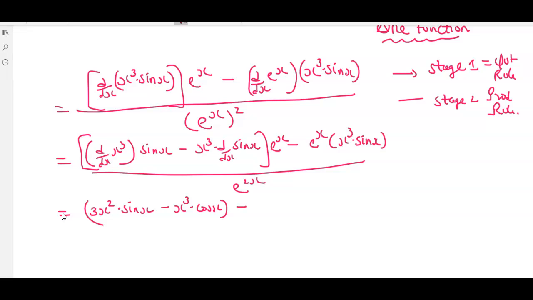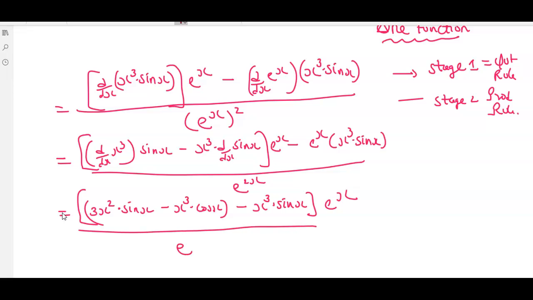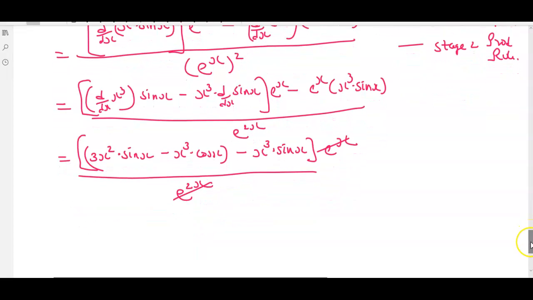I am not writing it down right now. You see what I am doing with the e to the power x. I am taking e to the power x as common. In the next stage they are going to cancel out, and further if you see that we have something common, that is x square, we have x cube, I am taking x square common.